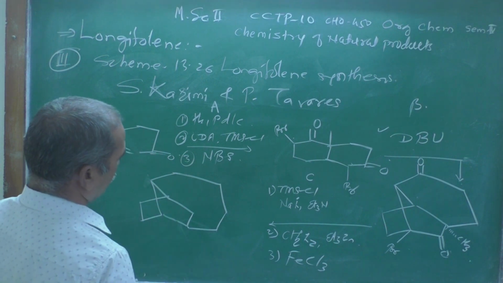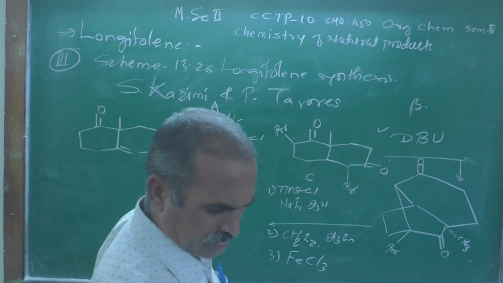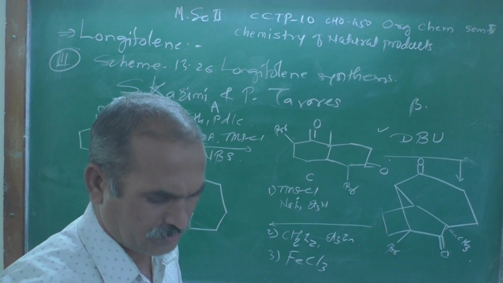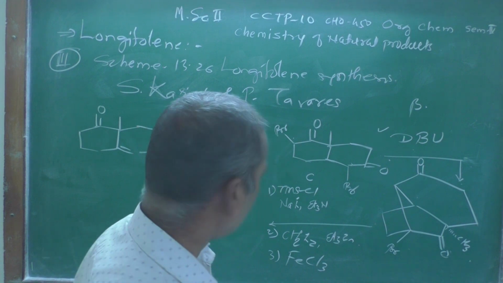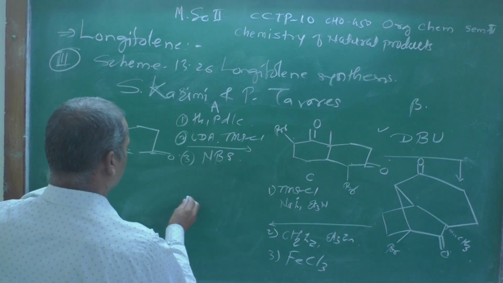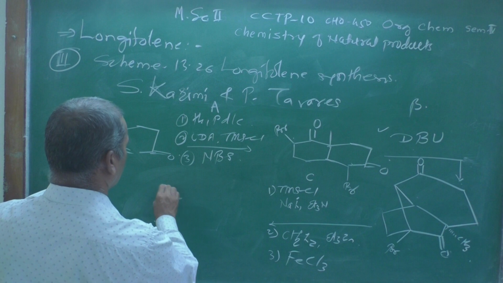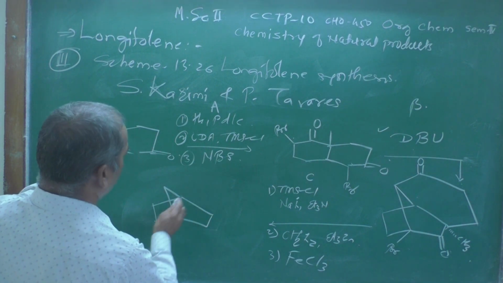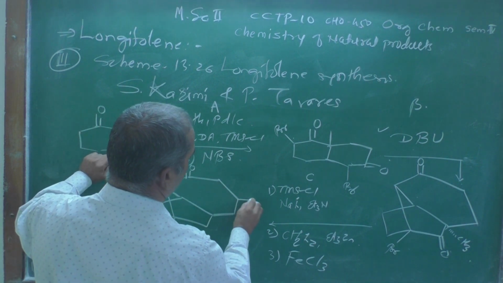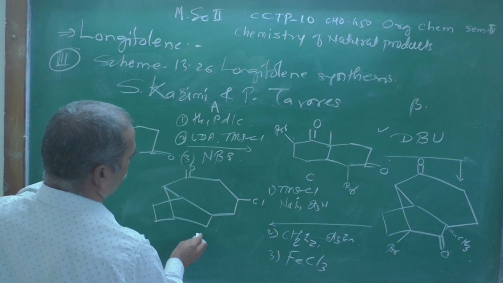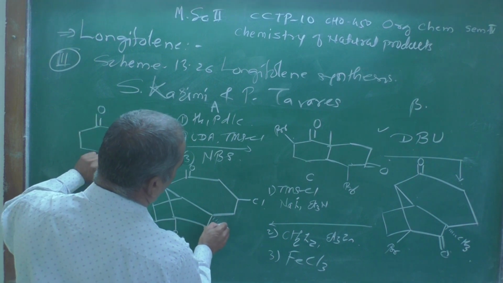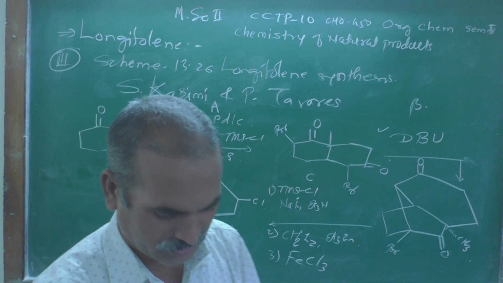Let me draw that compound properly. The compound where C double bond O, here is a chlorine atom, and here a carbonyl group, here Br, and this methyl group remains as it is.